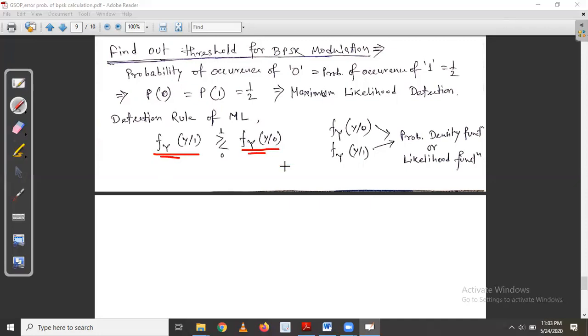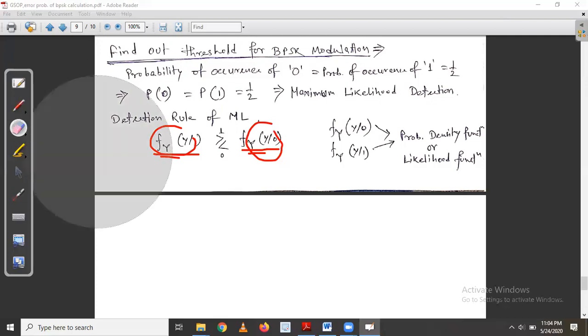Both are likelihood functions. That is why, whenever we perform the integration over this or over this, we get the same result, half of erfc root of Eb by N0. Why do we get the same result? Because both of these are maximum likelihood functions. Definitely both are probability density functions, but both are maximum likelihood functions also.